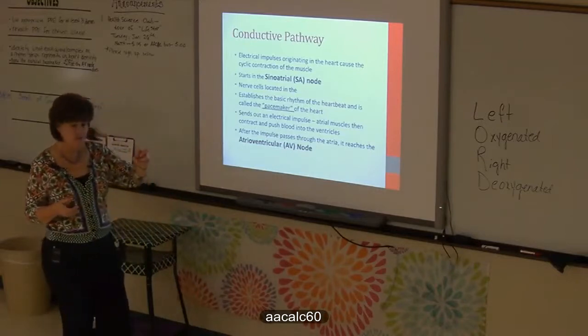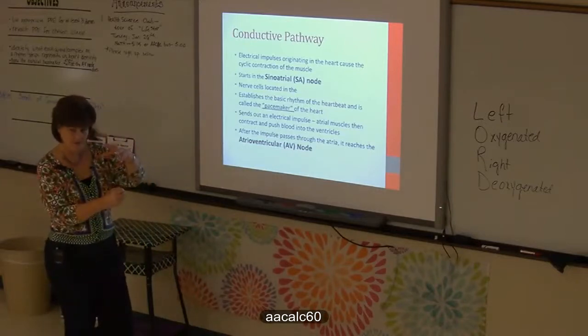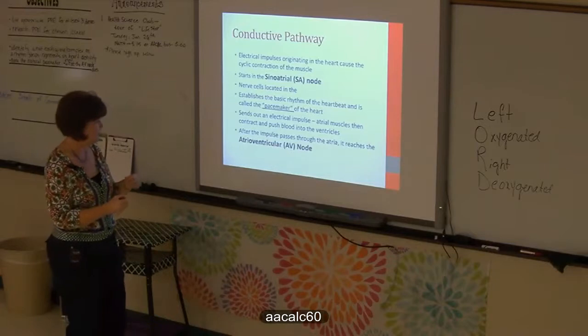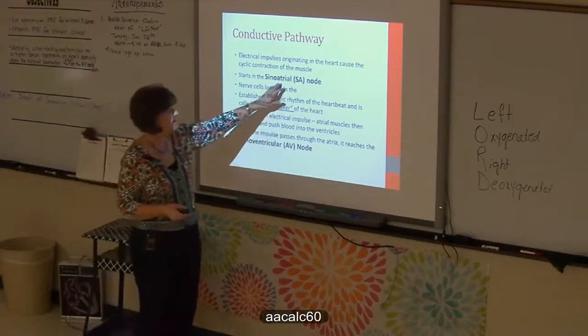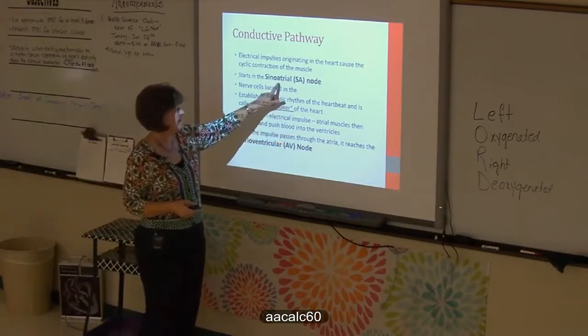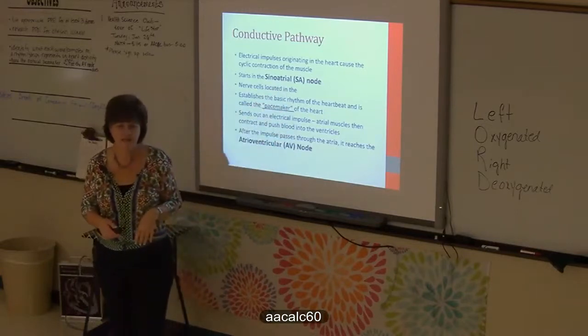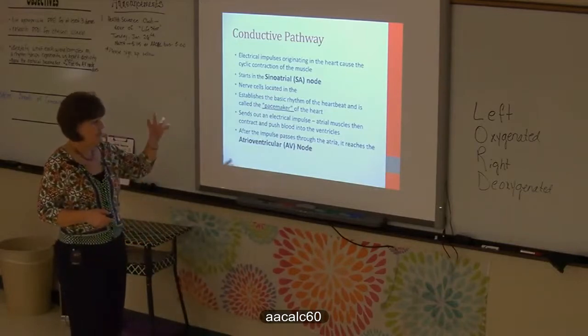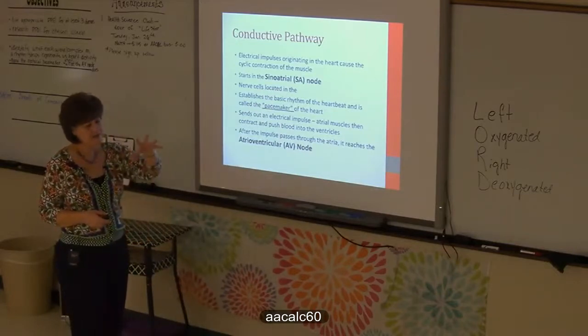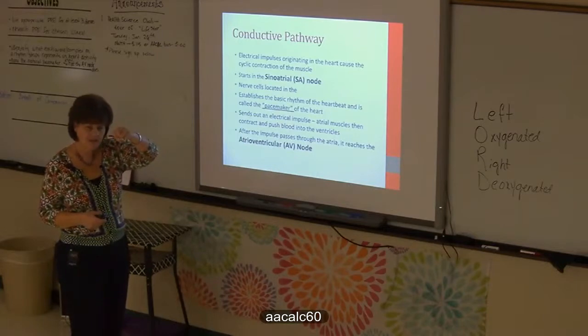The atrial muscles contract, and then the ventricle muscles contract. Atria and then ventricle. All right? So after that impulse, and this is located in the right atrium. Okay? The sinoatrial node is located in the right atrium. After it goes through the atria, so it fires off this electrical impulse through the atrium that causes it to contract.